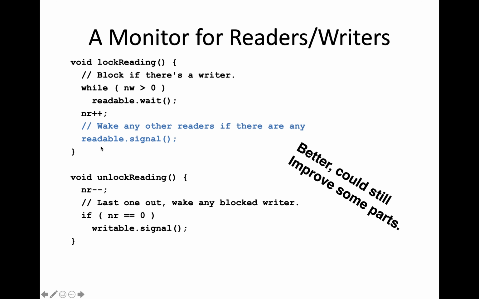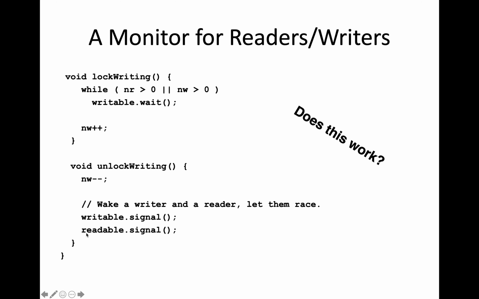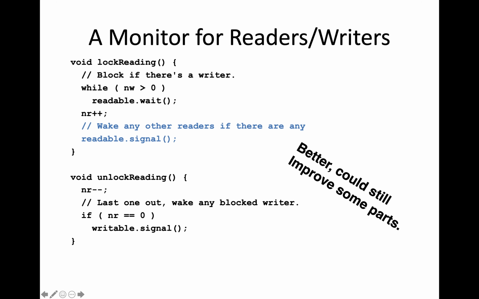Here's the lock reading. If we left this code the same, whenever a writer gives up access, I'll wake up a reader. It's easy to make that reader wake up any potential reader behind them by just putting another call to signal here.